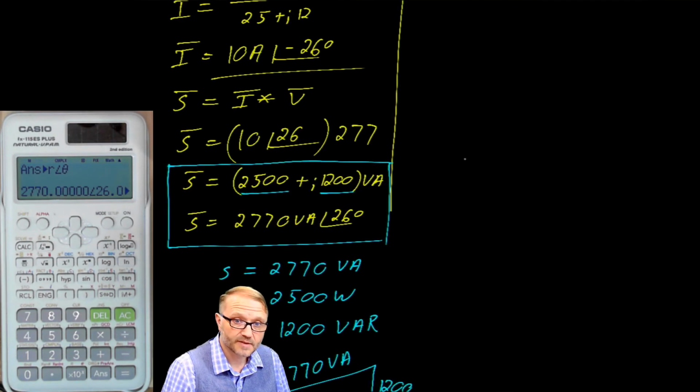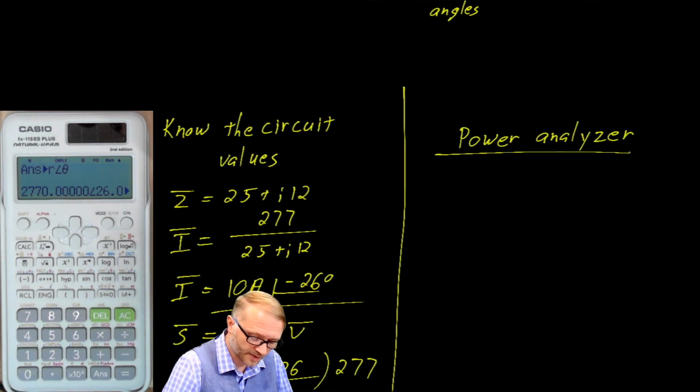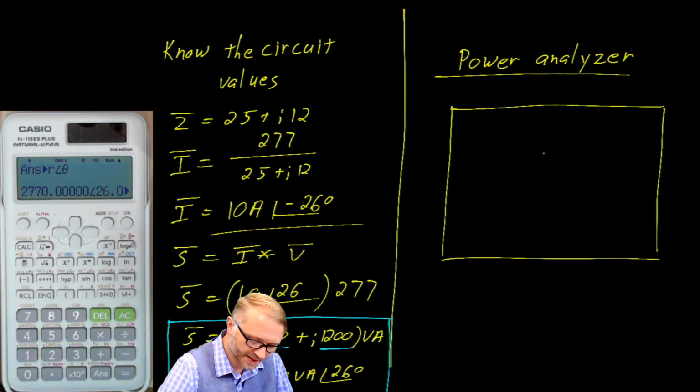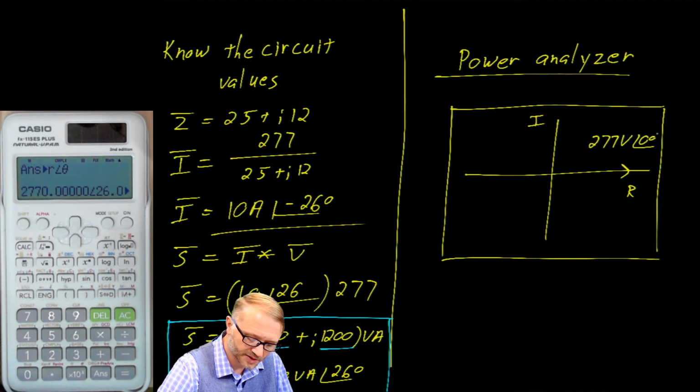I mentioned another method using a power analyzer. That is a fancy instrument that will give you a reading that looks like this. It will have the real and imaginary axes. The voltage vector would be displayed like so, as 277 volts at a phase angle of 0 degrees.